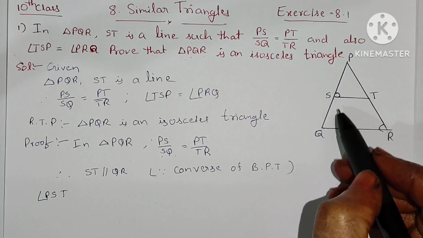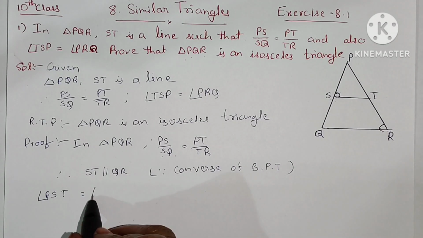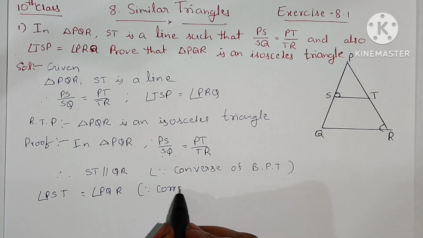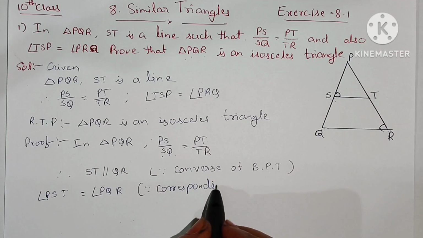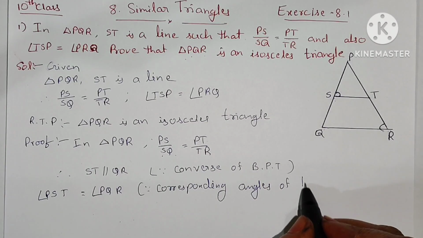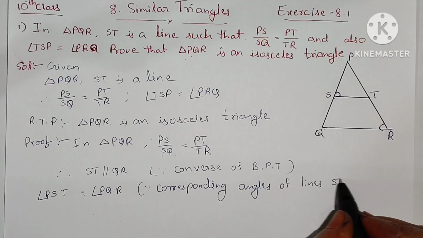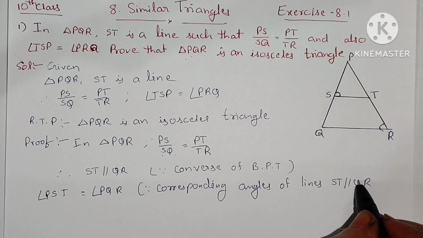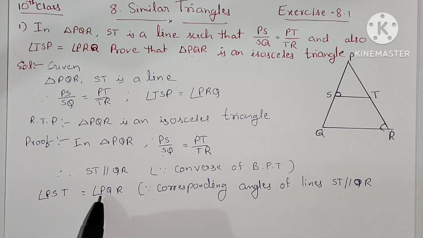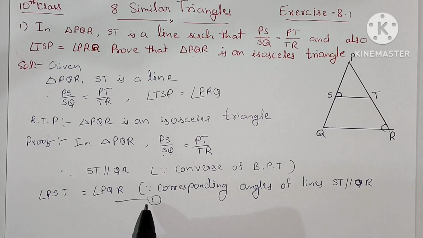These are corresponding angles of the lines ST parallel to QR, so the corresponding angles are equal. This is equation 1.